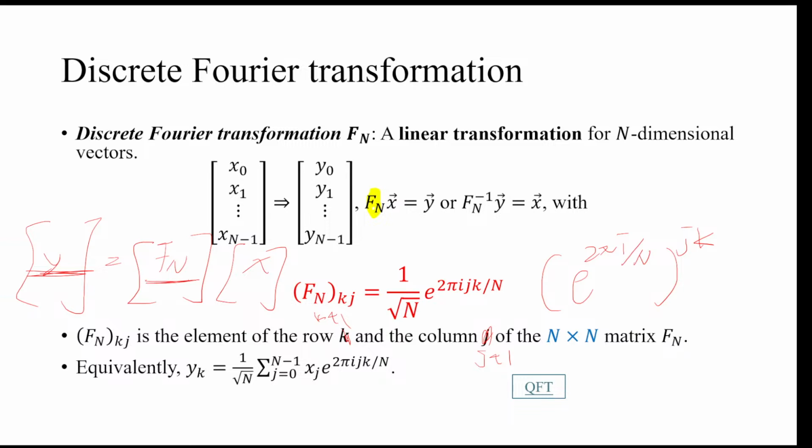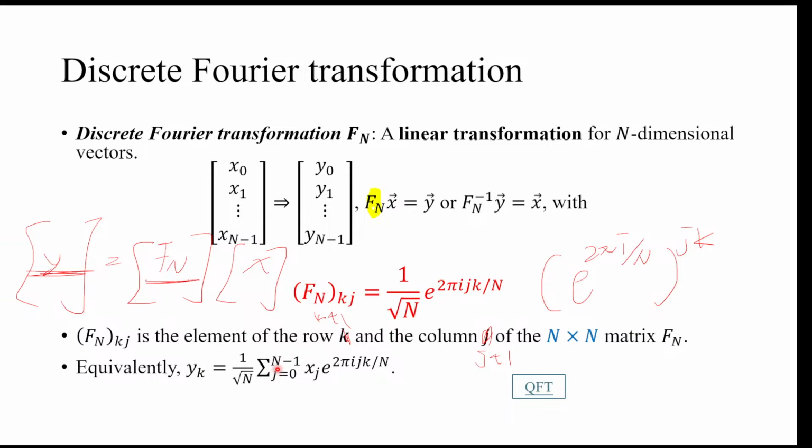It's actually not the k-th row, it's the (k plus 1)-th row, because we count k from 0. It's a bit confusing. But this yk is just the k-th row, which is e to the 2 pi i kj over n for different j, in the inner product with your xj.